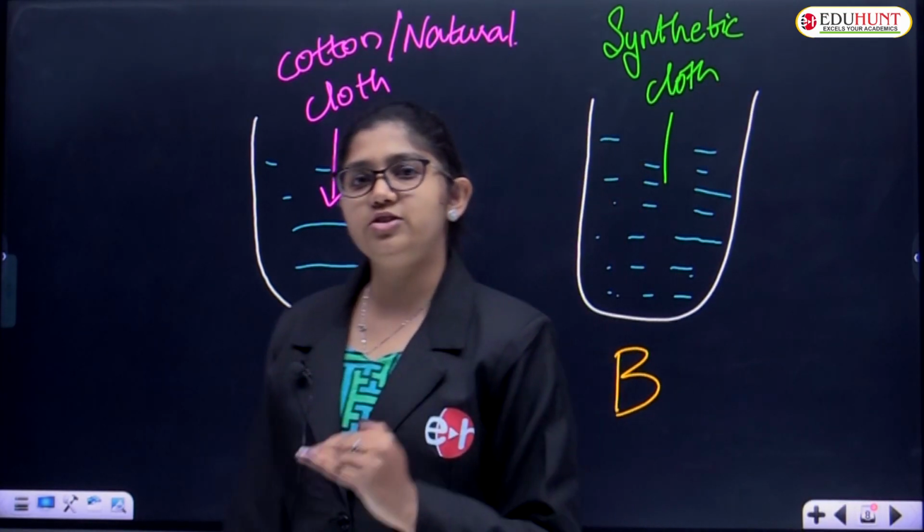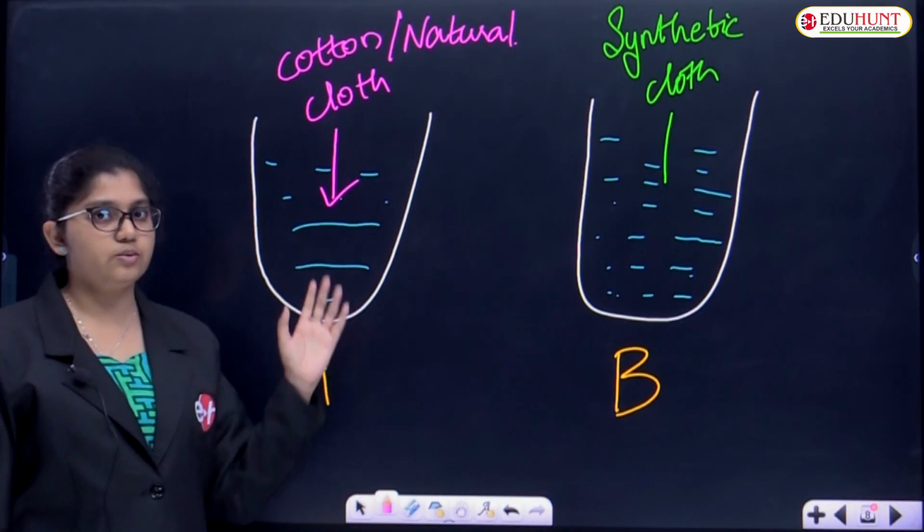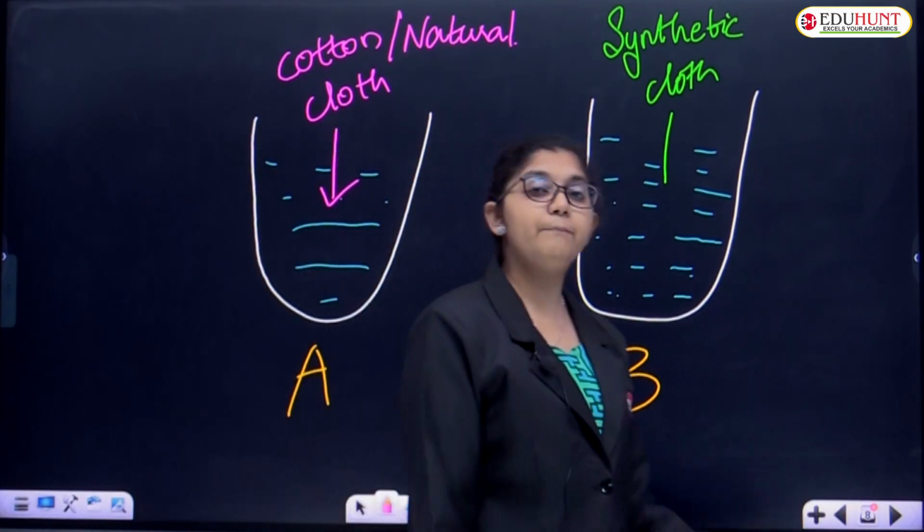Where is the level of water in mug A after pulling out the natural cloth, and what is the level of water in mug B?